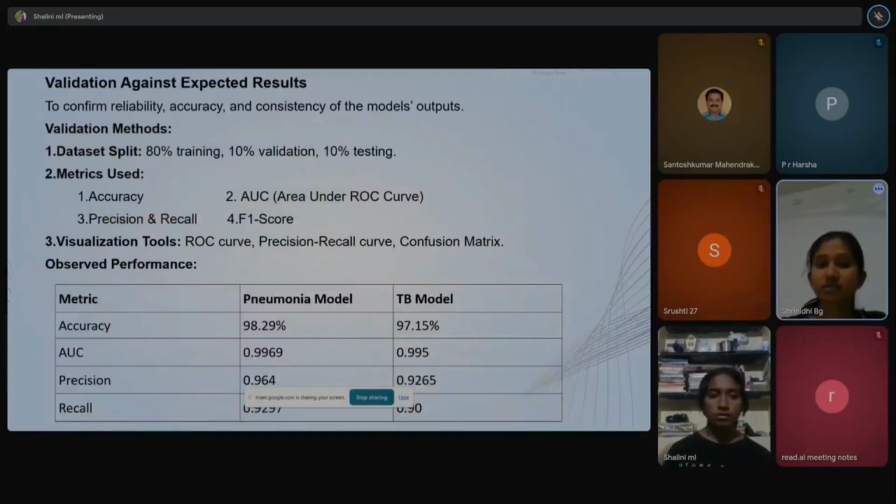Next is validation against expected results to confirm reliability, accuracy, and consistency of the model's output. Validation methods: data is split into 80% training, 10% validation, and 10% testing. Metrics used are accuracy, area under the ROC curve, precision and recall, and F1 score.